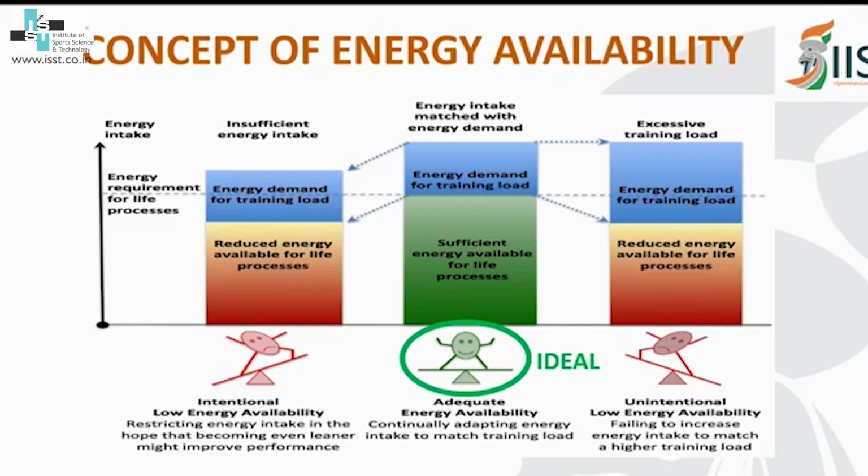However, if you look at the extreme left and right cases, this is where the energy availability is inadequate. Now, it can be because of two reasons. It can be because of an imbalance between energy intake and a high training load, or vice versa.